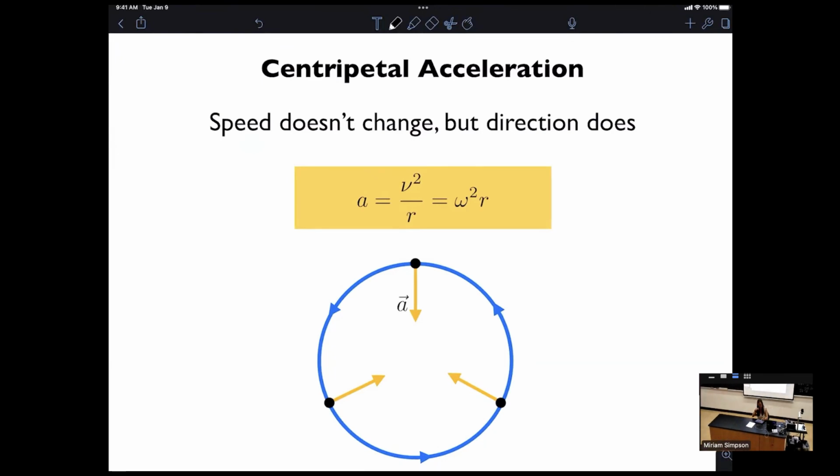So remember, we know that, how are these related? Well, this relationship happens here. So if you just take v squared over r and you plug this in, you end up with omega squared r squared over r, which is omega squared r. Okay, so really just saying the same thing. All it does is give you a couple different options to get your centripetal acceleration.